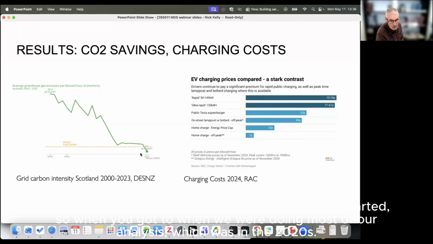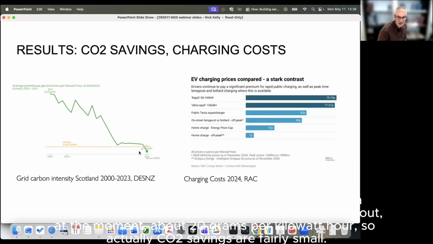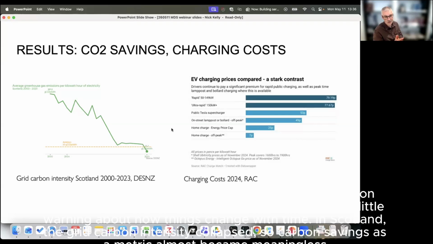So by the time we were doing most of our analysis, in the 2020s, the grid carbon intensity in Scotland was absolutely minimal. We're at about 20 grams per kilowatt hour at the moment. So actually CO2 savings are fairly small for this model, simply because the carbon intensity of grid electricity is so low.